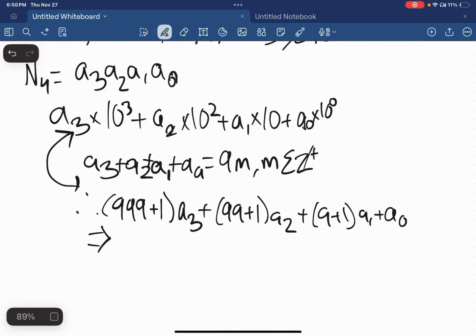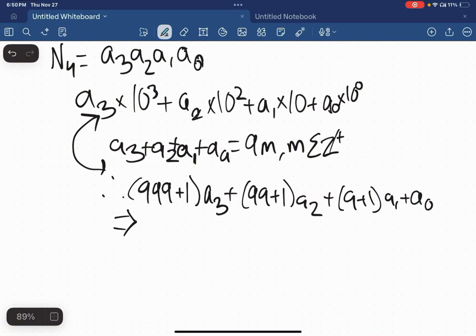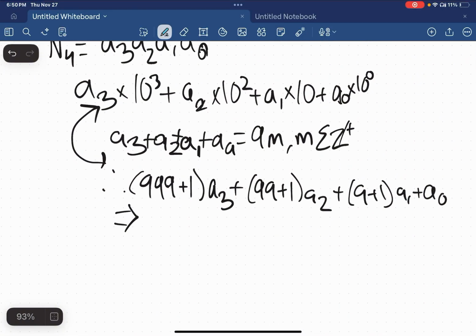Now, we're actually able to factor out some of these numbers here. This is going to go into here, and like that. It's going to come into here, like that, here, like that. We're able to factor it out like that. So let's write it like that with the 9s in one parentheses and just the A3s and A2s in another parenthesis.